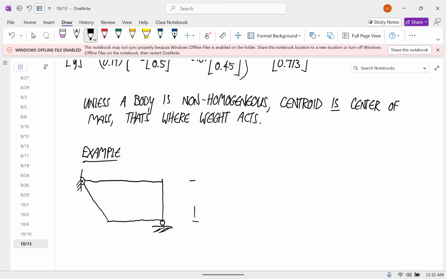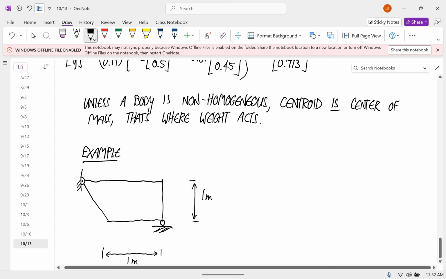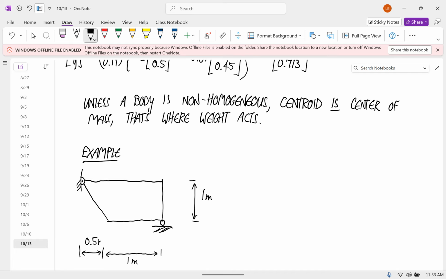And let's say this is 1 meter, this is 1 meter, and this is 0.5 meter. And if the mass of this shape is 10 kilograms, what are the reaction loads at the joints?